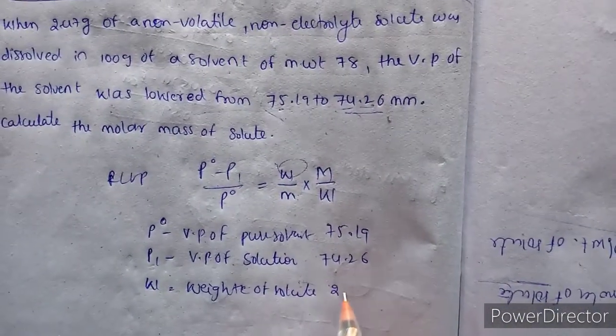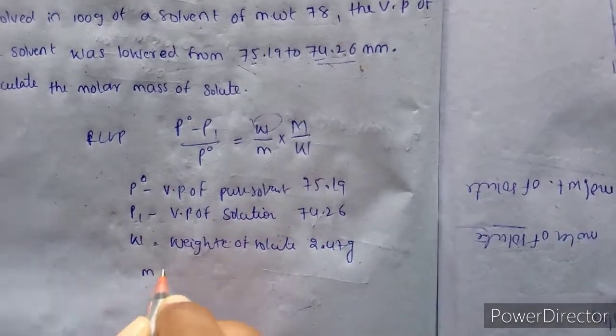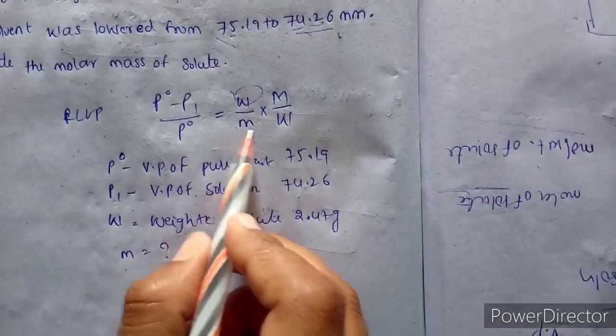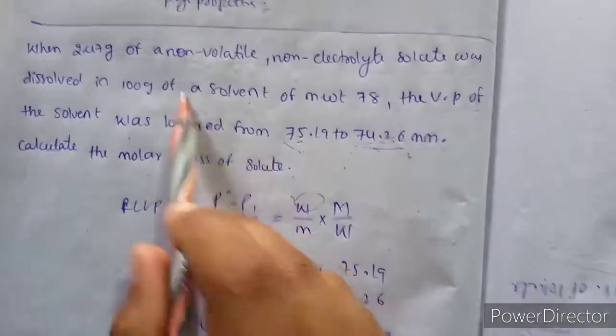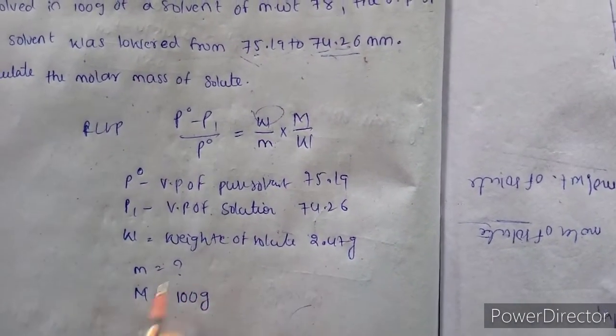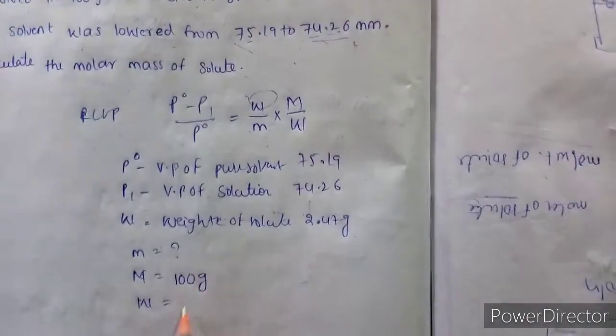Small m is the molar mass of the solute, which we have to calculate. Capital W is 100 grams, and the molecular weight of the solvent was also given: 78.